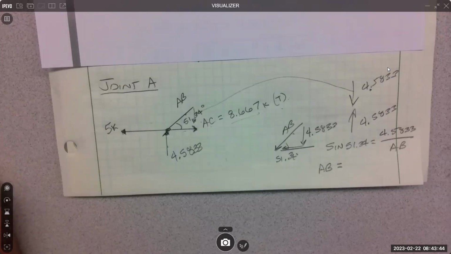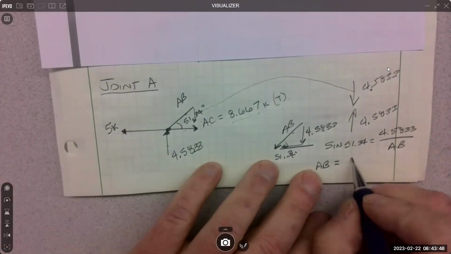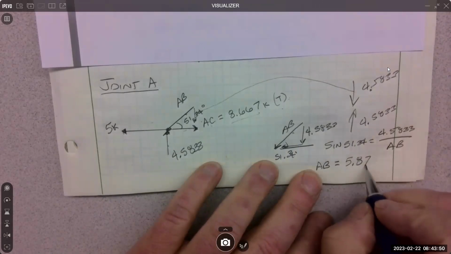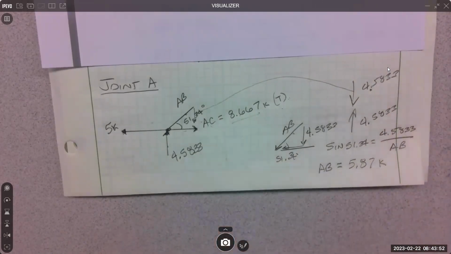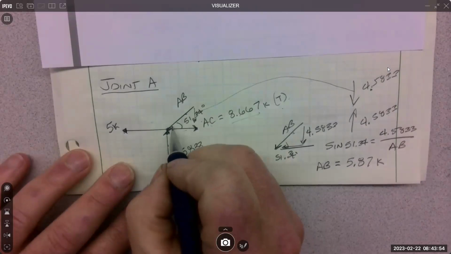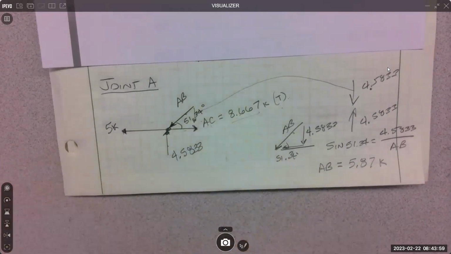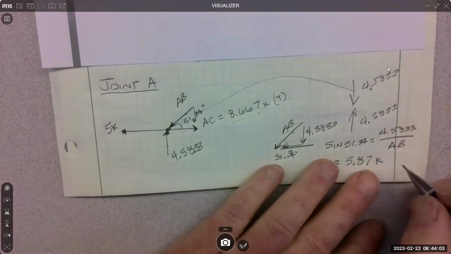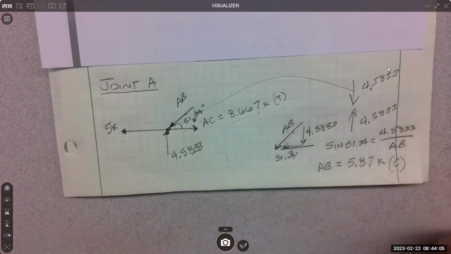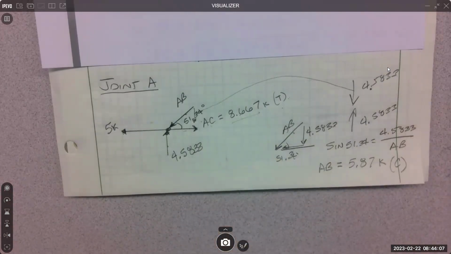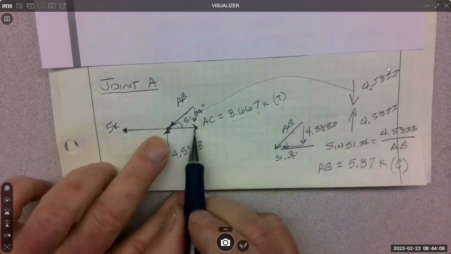I get 5.87. And is it in compression or tension? Remember, the rule is if it points into the point, it's compression. If it points away from the point, it's in tension.